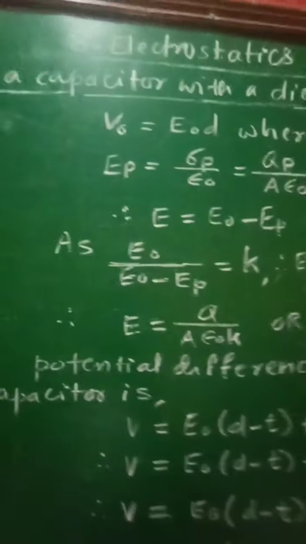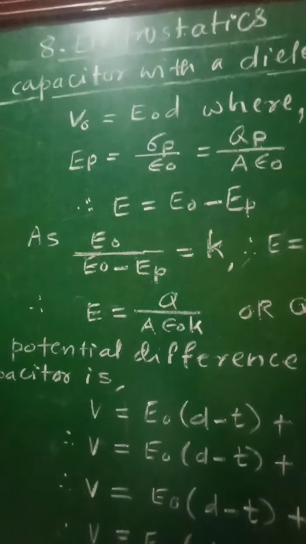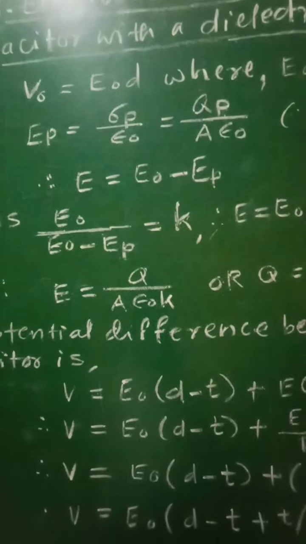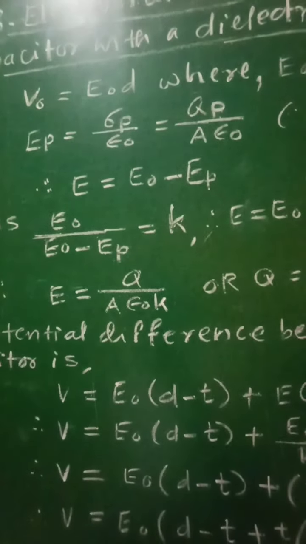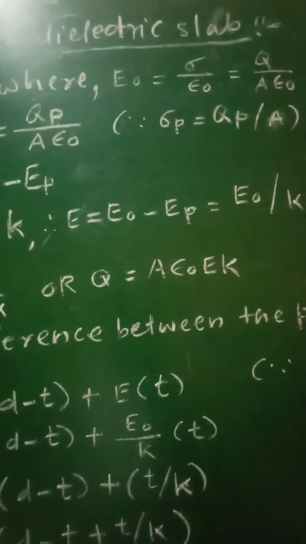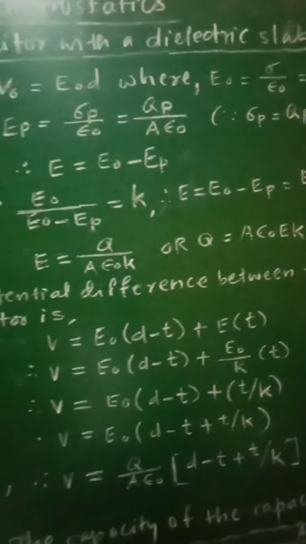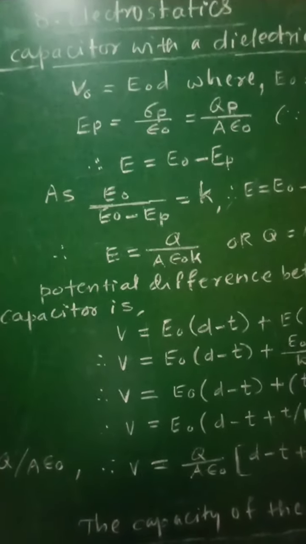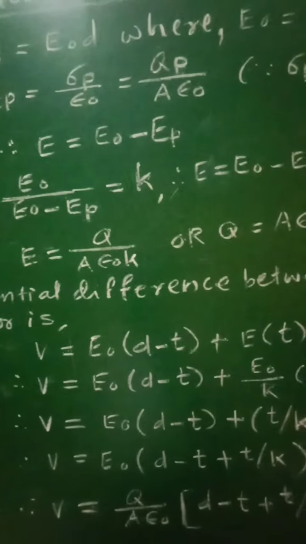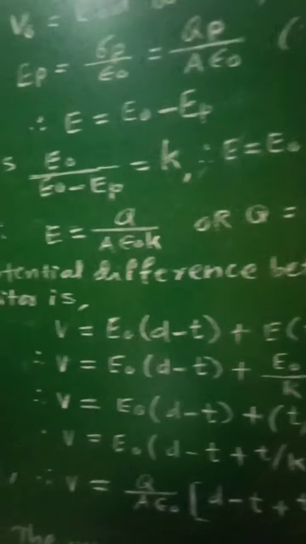Here we can write E0 upon E0 minus EP equal to K, and therefore E is equal to E0 minus EP, that is equal to E0 upon K. Therefore E equals Q upon A epsilon 0 K, or Q equals A epsilon 0 E K.